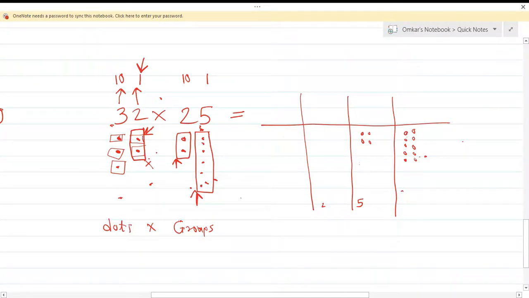So the group of 5 should be here: 1 2 3 4 5, 1 2 3 4 5, 1 2 3 4 5, and the group of 2 should be one column to the left side: 1 2, 1 2, 1 2. Because there were three dots here, we put those groups three times.